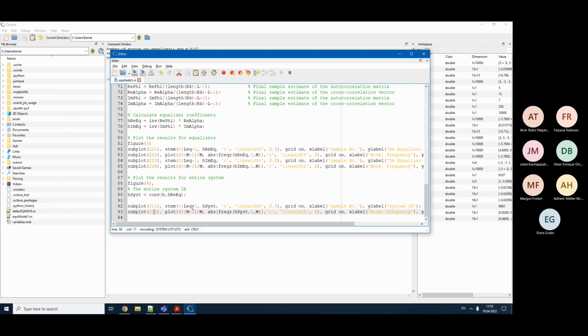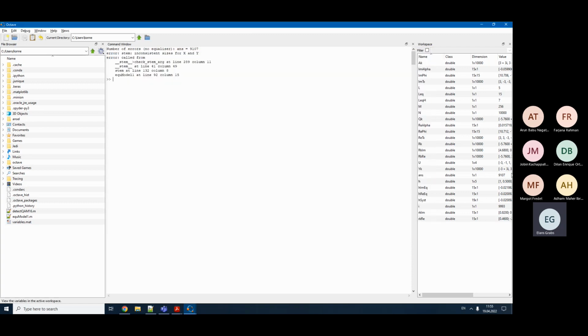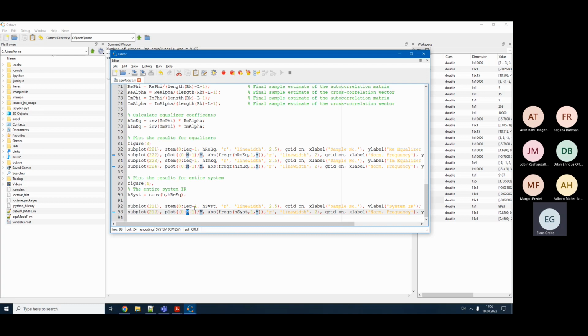Here we will have now a total length much more, which is H system. It is longer by L minus 1, plus L minus 2.